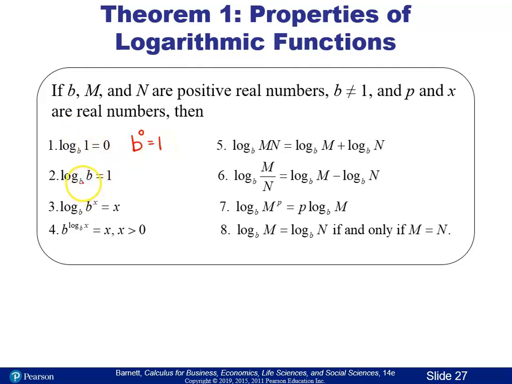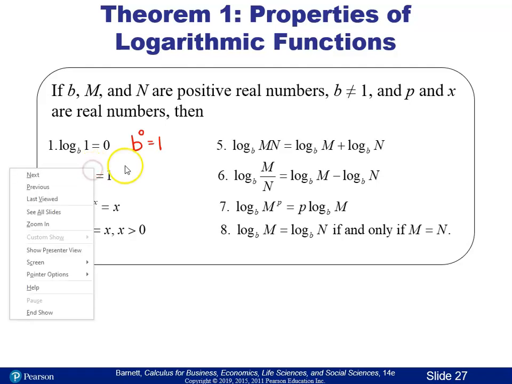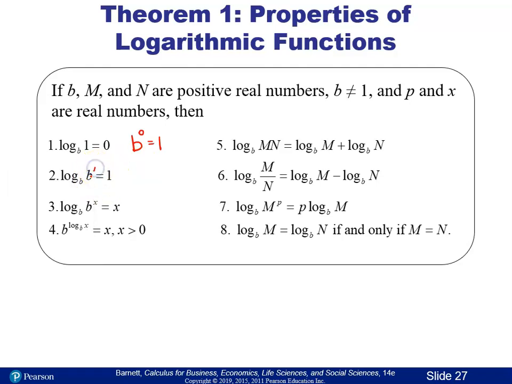If we have one like this and the two bases match up here, then basically all of this cancels and you're just left with that 1. And that's the same thing if I put it in its exponential form: b to the first is equal to b. That should always be true regardless of what b is.